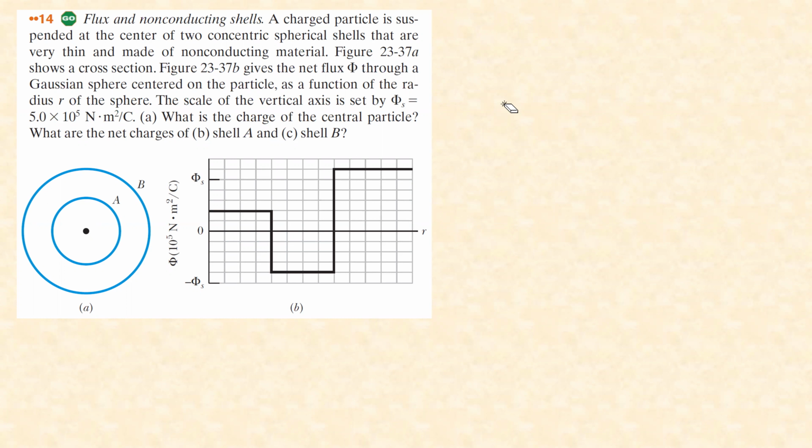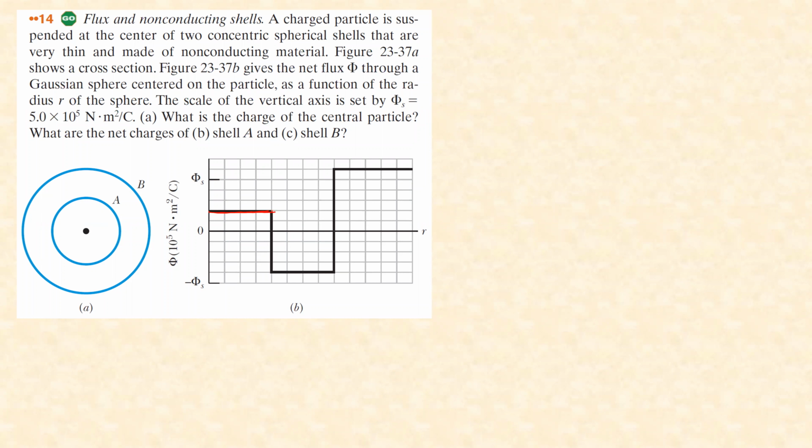So it means that you're doing a sphere like that, a sphere like that. These are Gaussian spheres, and as the radius increases, we measure the flux through it, and this is what we get.